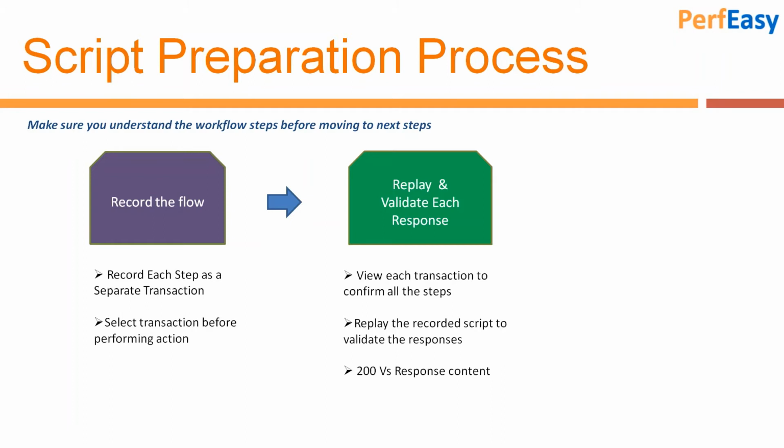Here is another important aspect from the tool perspective. For every 200 or 300 status code, the tool will say the application passed, or that page or request passed. But for us, there can be a situation where the page failed, but the status code is still 200.